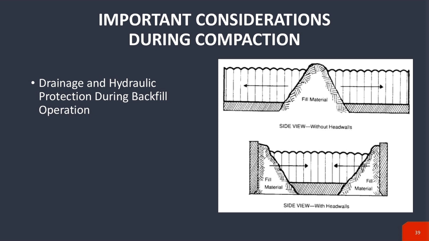All of these are going to require some type of temporary protection on the ends. So placement of your end treatment and slope protection as early as possible are very, very important. And so if you go in at the beginning and you actually place your head walls prior to backfill, you want to start at your head walls and backfill towards the middle. If you install your head walls or end protection at the end, you want to start at the middle and move out.